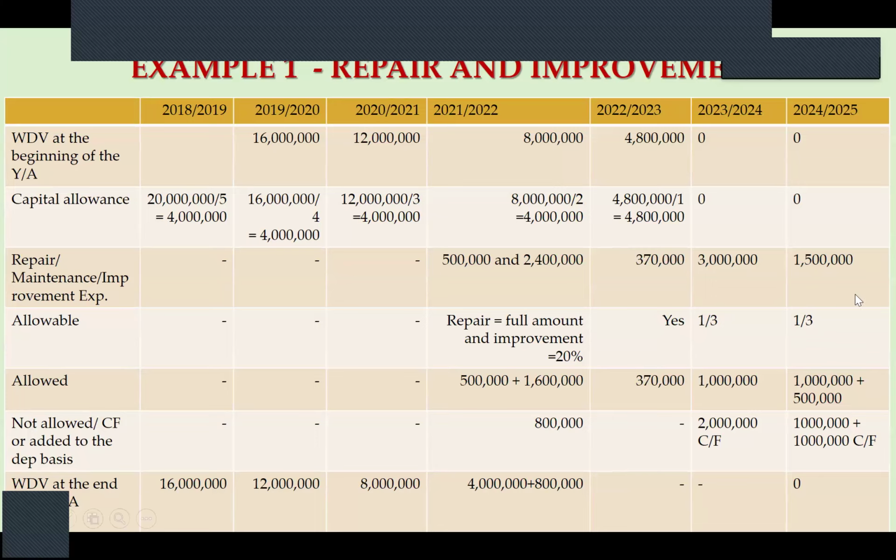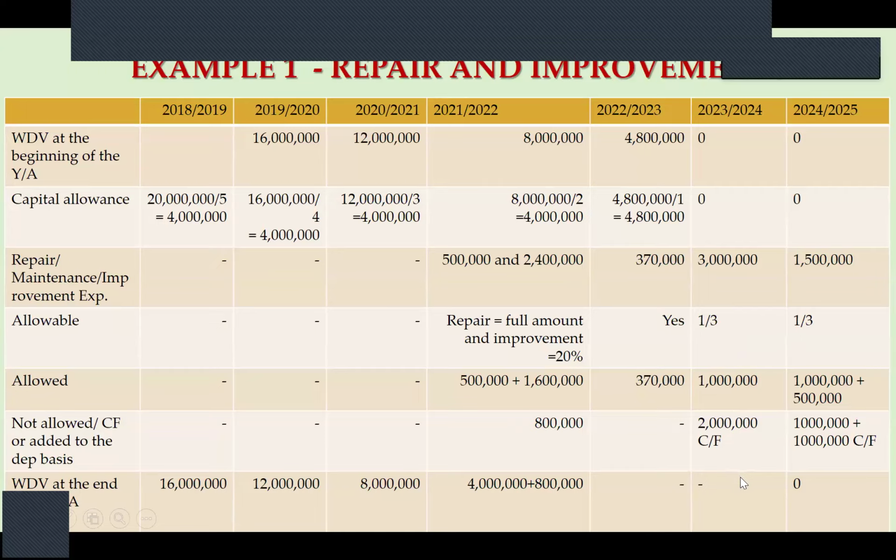So what we have done is, if we incur 3 million, since it is a class 3 asset, or other than a class 4 asset, we can divide this 3 million by 3 to calculate 1/3 of the value. So 1 million can be allowed as a deduction.